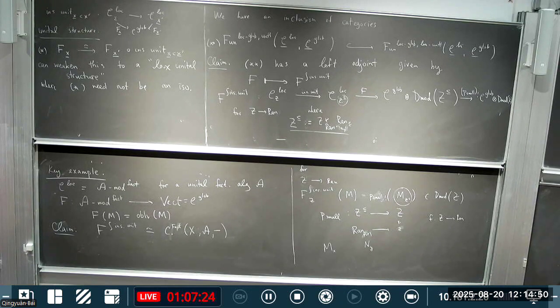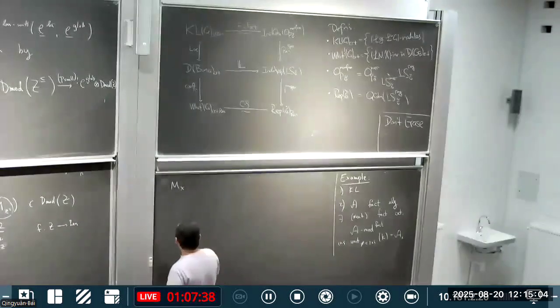Sorry, let me write down what you said. I wanted to say that anyway. So thank you. So suppose you just have a module sitting at a point, in the way that it was really defined earlier.